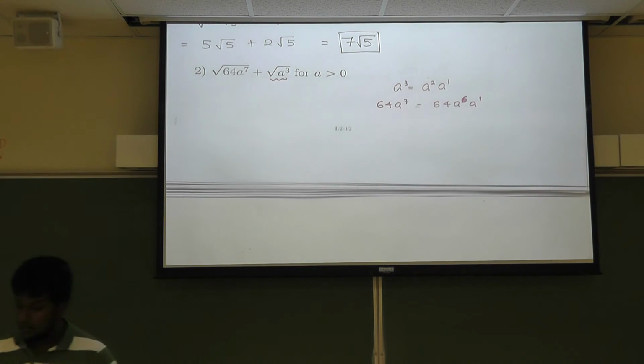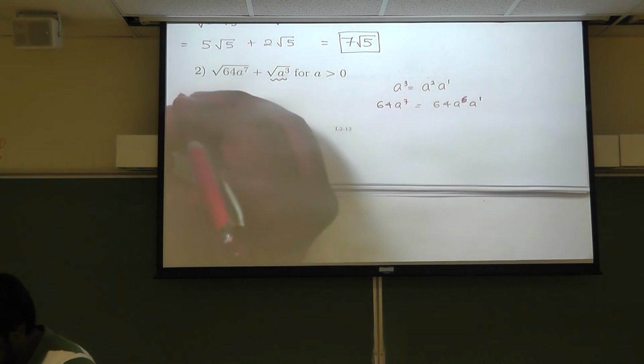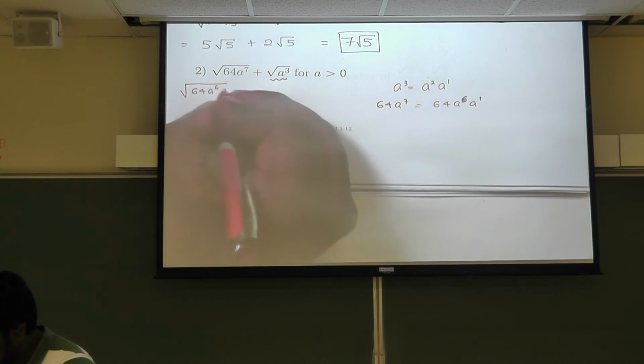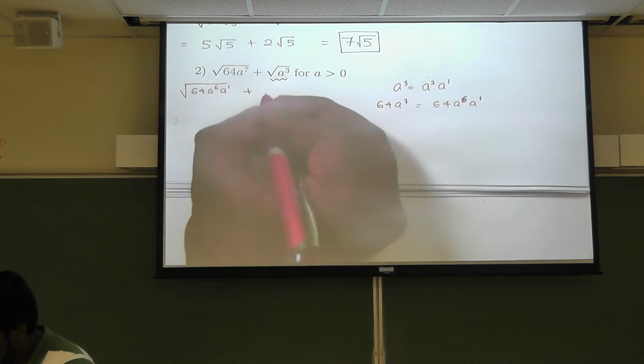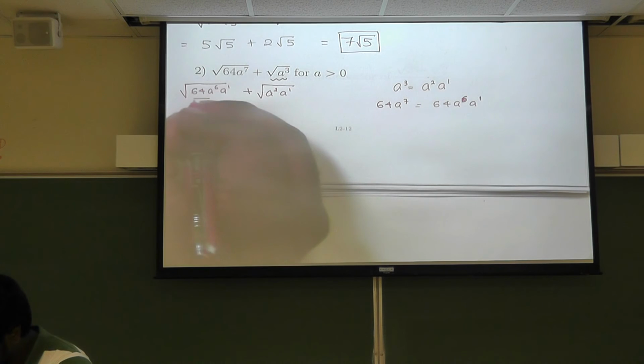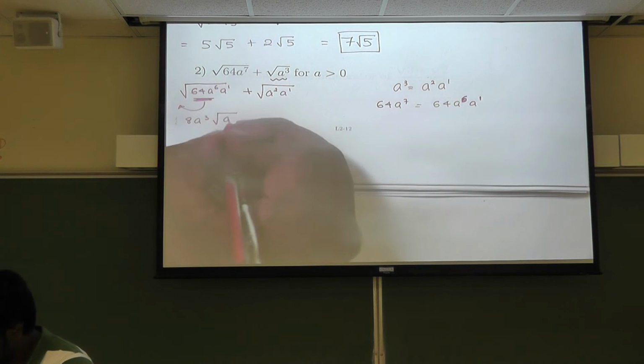Okay, now let's write it down in this form. So this one would become square root of 64 a to the 6 a to the 1 plus square root of a squared a to the 1. And you can see that you can pull this out of the square root: 8a cubed root a.